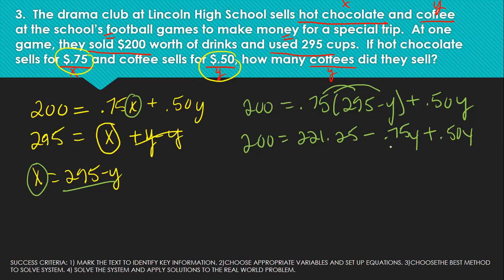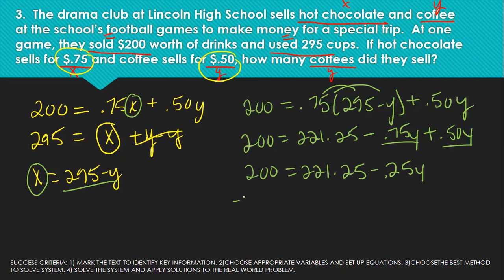Now I'm going to combine like terms. What does that equal? 221.25 minus 0.25y. What are the steps I take to get y by itself? I'm going to subtract 221.25 and then do what?